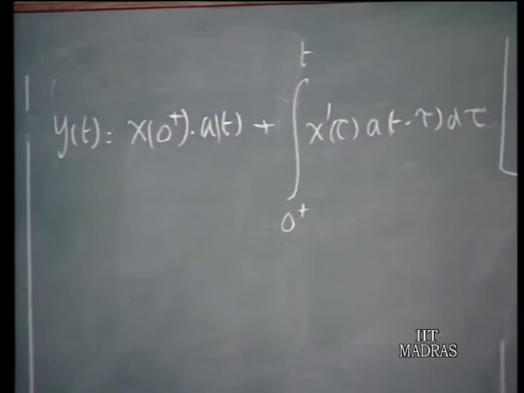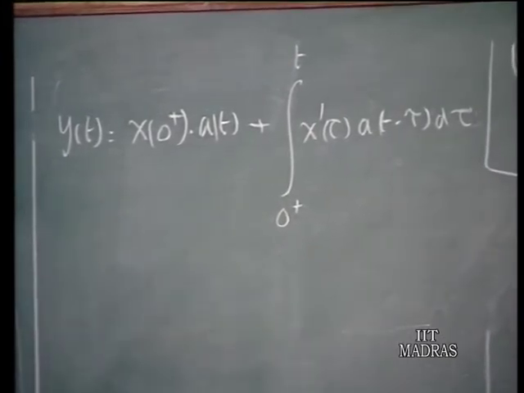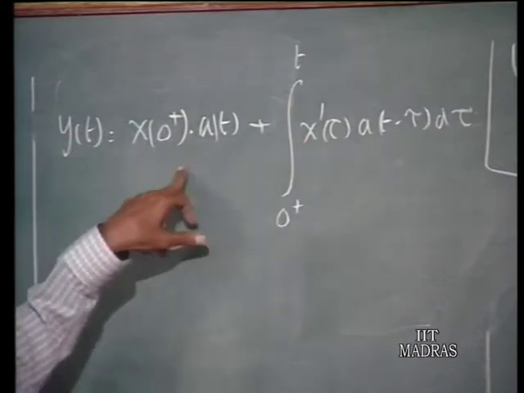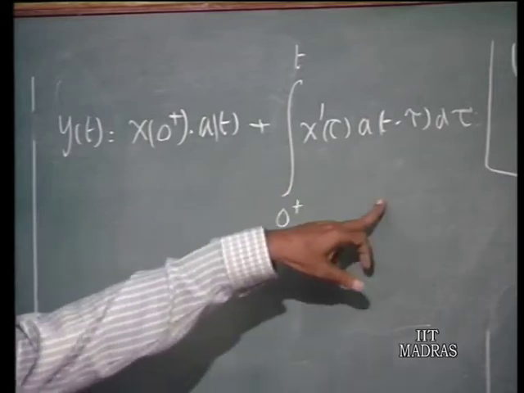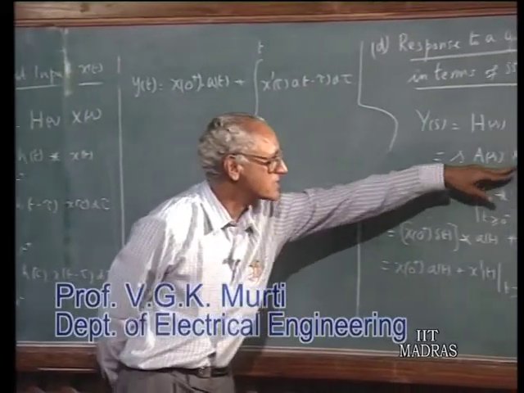That is the meaning of that. That means your response to any arbitrary input x of t can be obtained if you know the initial response or the step response. You can find it out in this manner. This comes, of course, from this Laplace transform s A of s times X of s.